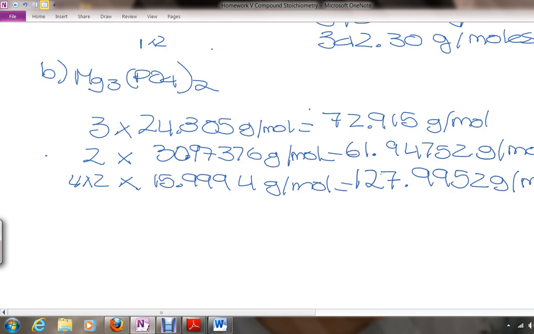So let's add them all together. 72.915 plus 61.947 is gonna be 262.85772 grams per mole.